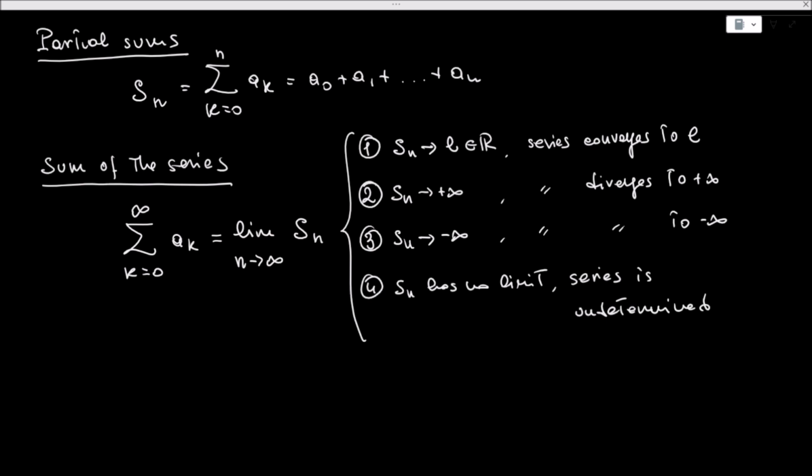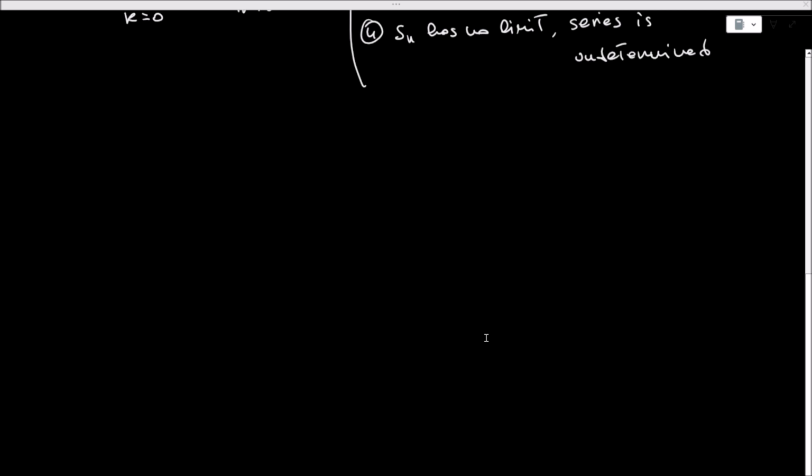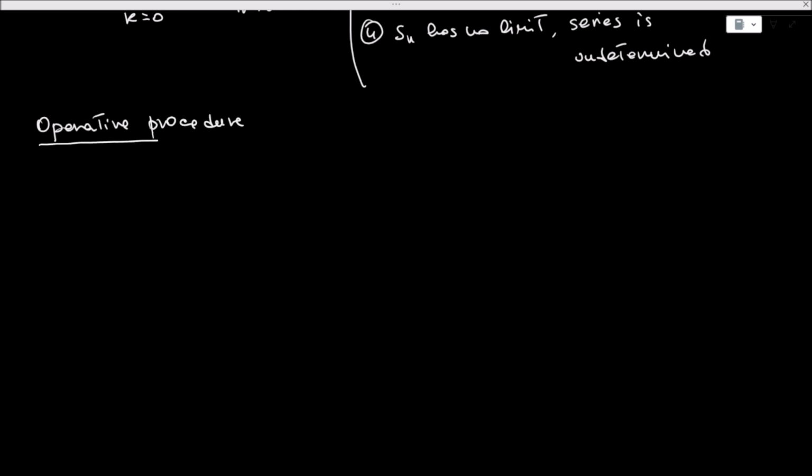Okay, so we have this list of 4 options, just like we had with the limits. In fact, so this is the idea. The sum of the series is defined as a limit, so we are falling back into one of the definitions of the limits. So what is the operative procedure to determine the sum of a series?